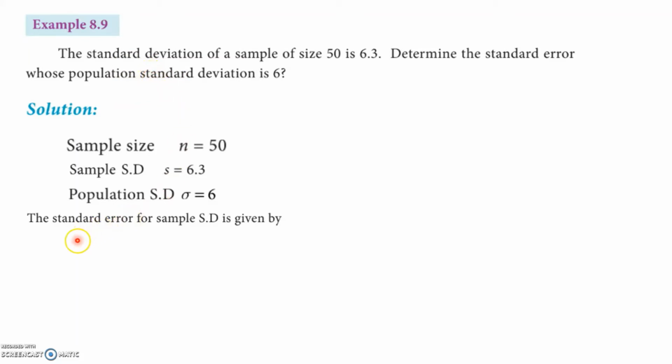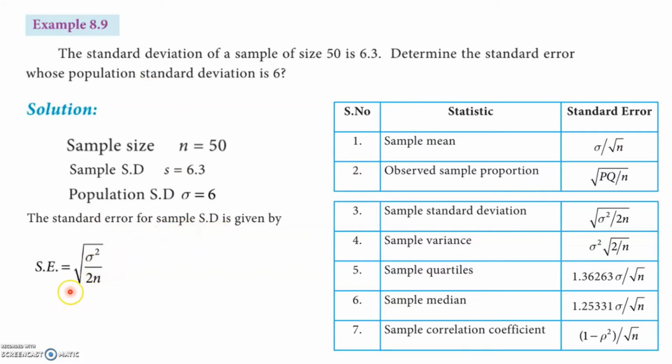So what's the formula to calculate the standard error for the standard deviation of the sample? It's given by the formula which was already mentioned in my previous video: the standard error is the root of sigma squared divided by 2n. So we have that here.